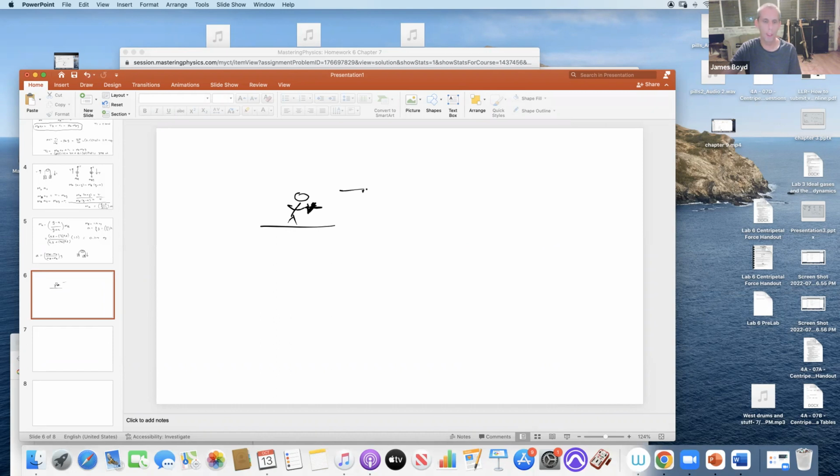And whatever force this thing has, because he's standing on ice, there's going to be a third law pair, a force on him the other way. So the first thing we need to remember is our constant acceleration equations. Particularly, I believe this one, but I might need a different one.